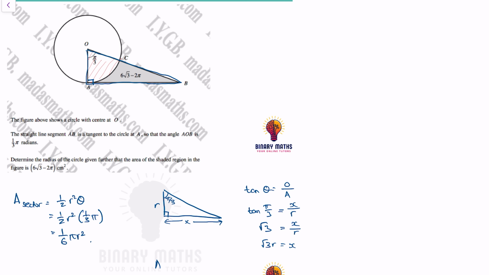That means the area of the triangle will be half base times height, which is equal to half times root 3r times r, which gives you root 3 over 2 r squared.